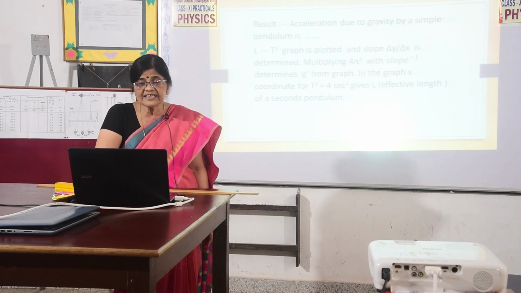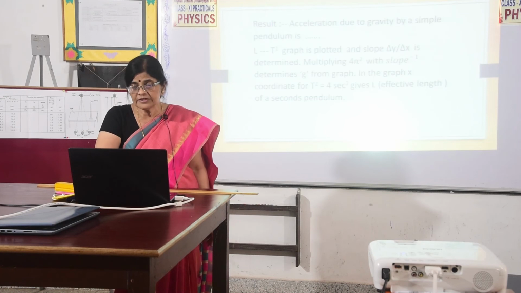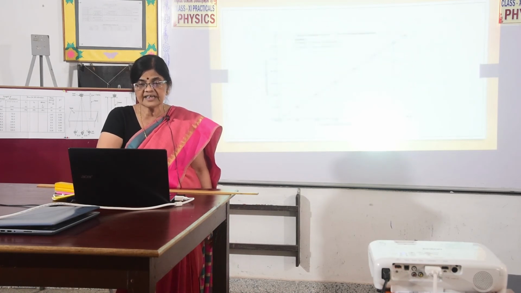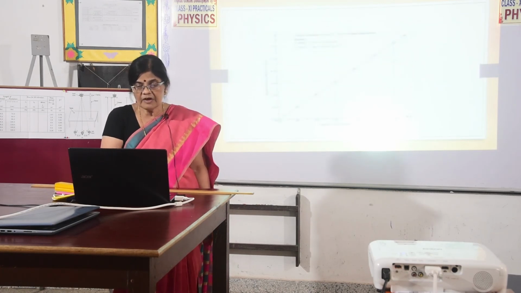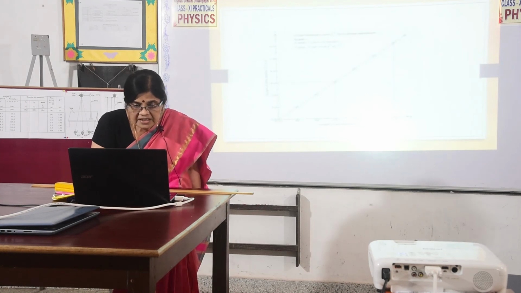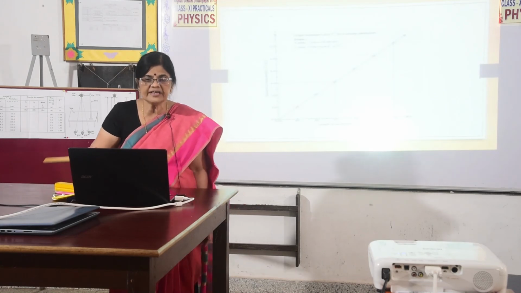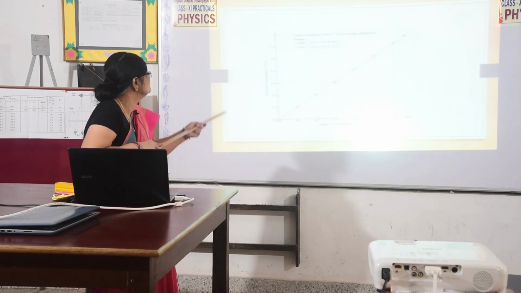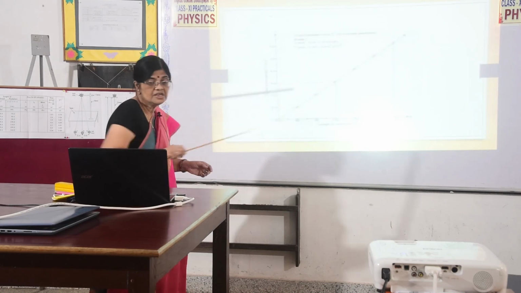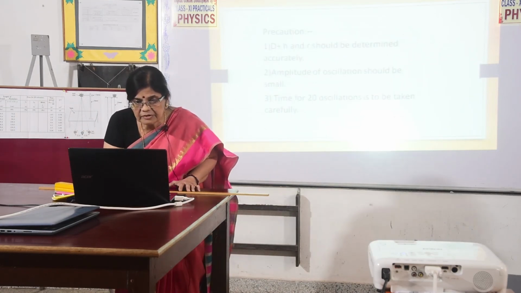In the graph, the x coordinate for T square equal to 4 seconds square gives the effective length of the seconds pendulum. See here, that is what you have plotted. This is your length and the T square, and the T square value where it is 4 here. This is slightly not legible, so you can calculate the length of the seconds pendulum from there.